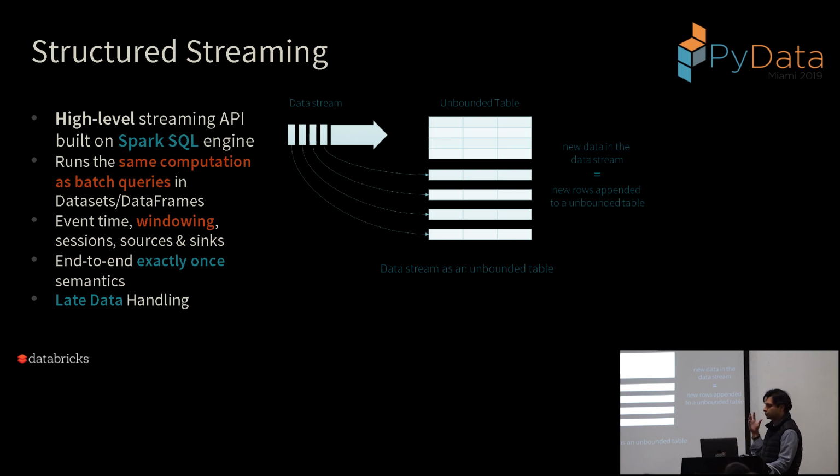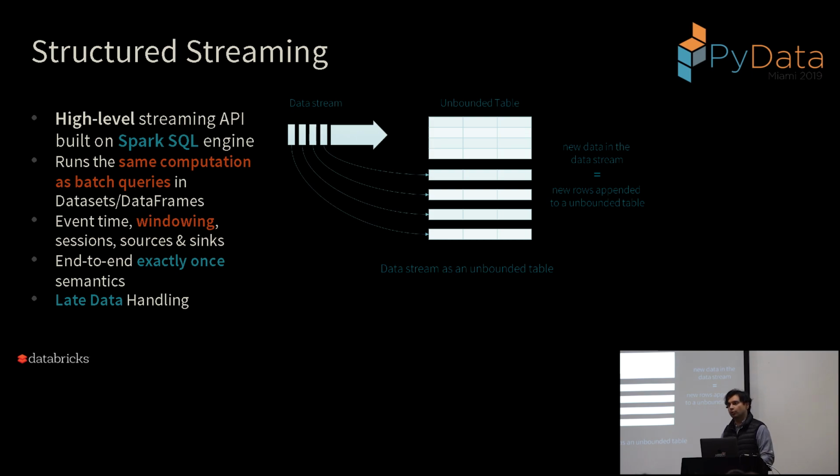So now you're able to express your streaming workloads entirely in a SQL paradigm. And it allows you to run your batch queries on top of your streaming data. So now you can take your SQL queries exactly how they are, and you can transport them to your streaming data and run them on your streaming data.